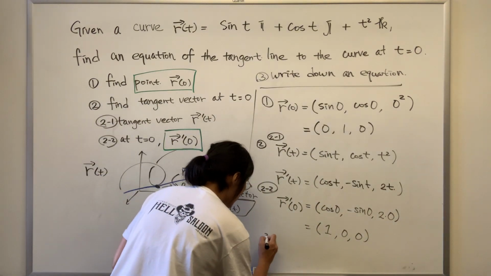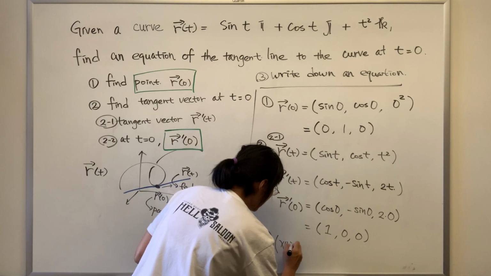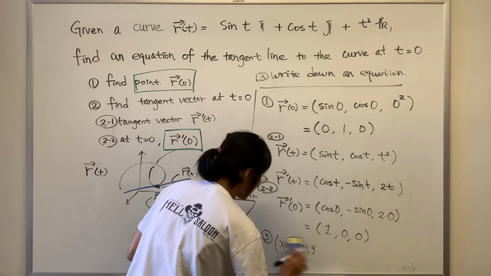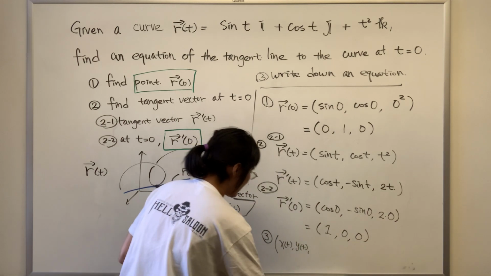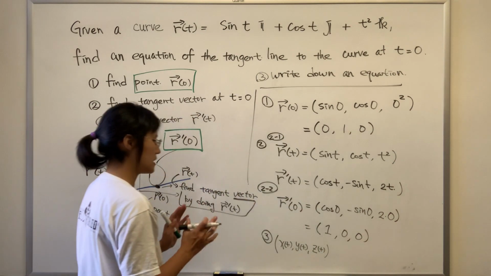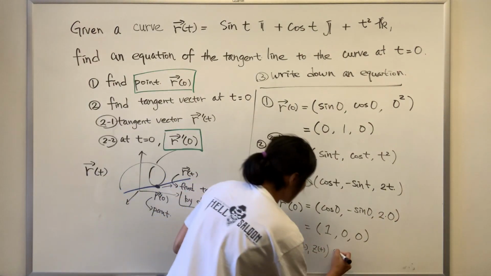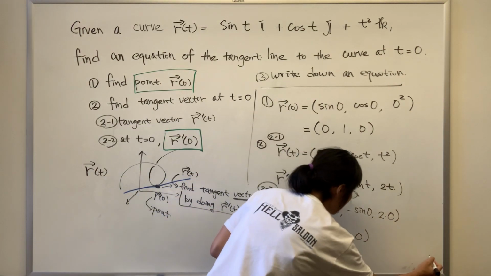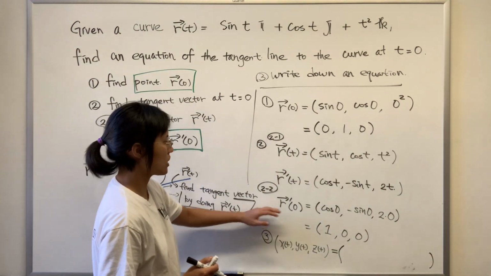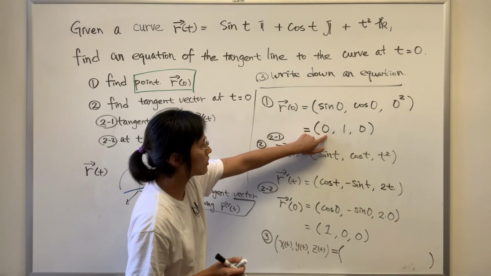Now step 3. The line can be expressed by this equation. Let me put x(t), y(t), and z(t) all together in the coordinates. Don't rush. Make sure you understand which is which. This is for the point on the line.